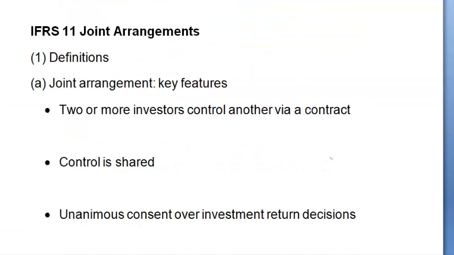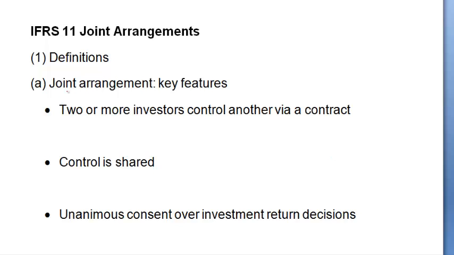Next, we come to IFRS 11, joint arrangements. Now, this replaces the old standard, I think it was IAS 31. There used to be 3 types of joint arrangement. We've streamlined that. We now have 2 types of joint arrangement, according to IFRS 11.